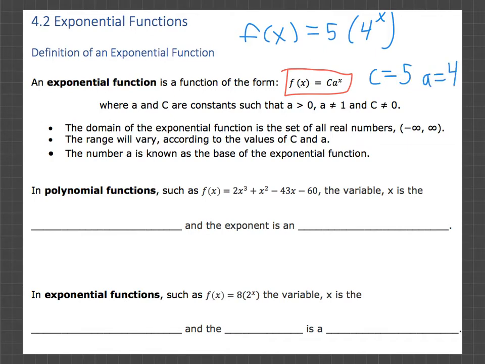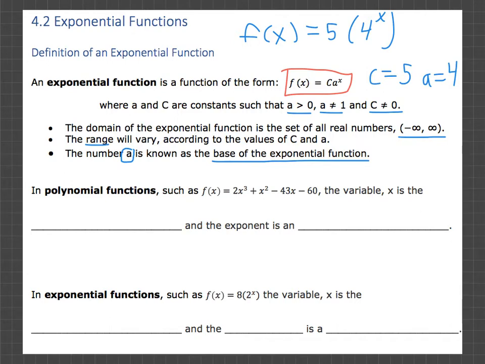Our only constraints on a and C are that a is greater than 0, not equal to 1, and that uppercase C does not equal 0. For all exponential functions, the domain is all real numbers, and the range is going to depend on what C and a are. This number a that has the exponent of x is the base of the exponential function.